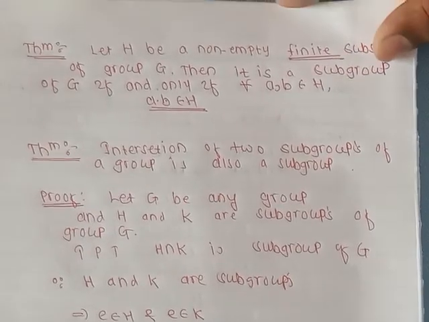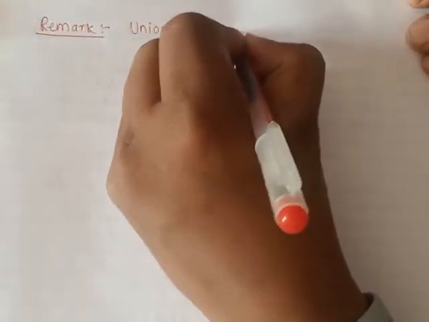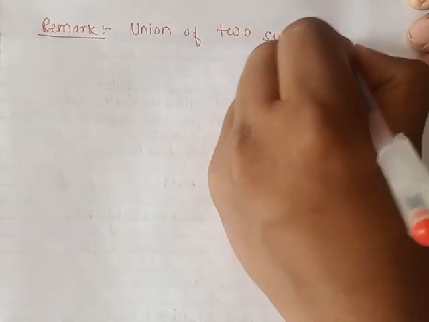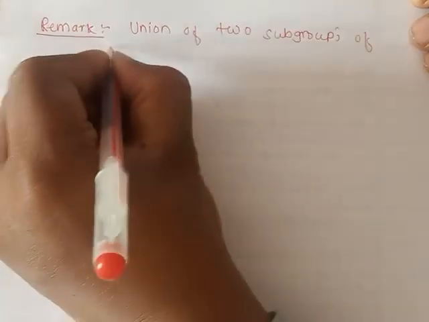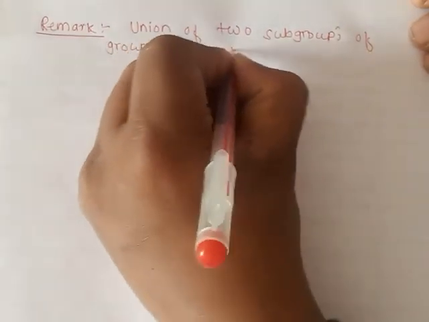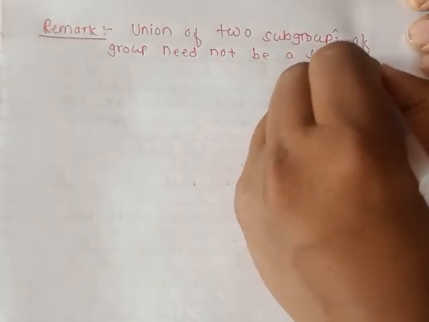But this is not true for the union of subgroups. That is an important remark: the union of two subgroups of a group need not be a subgroup.